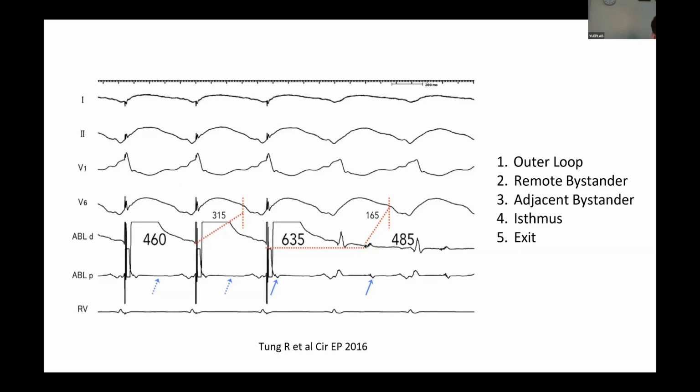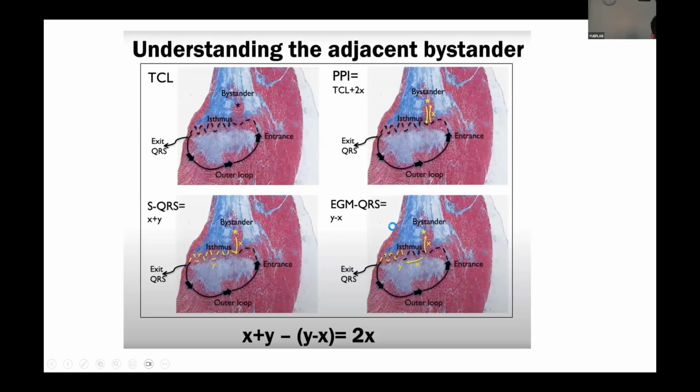This example shows a relatively long one. This one is only around 165, but this is much longer, right? So it means that the stimulus to the onset of QRS is much longer than this one, so you are pacing the adjacent bystander. So just like in this illustration, you have the double X for this one.